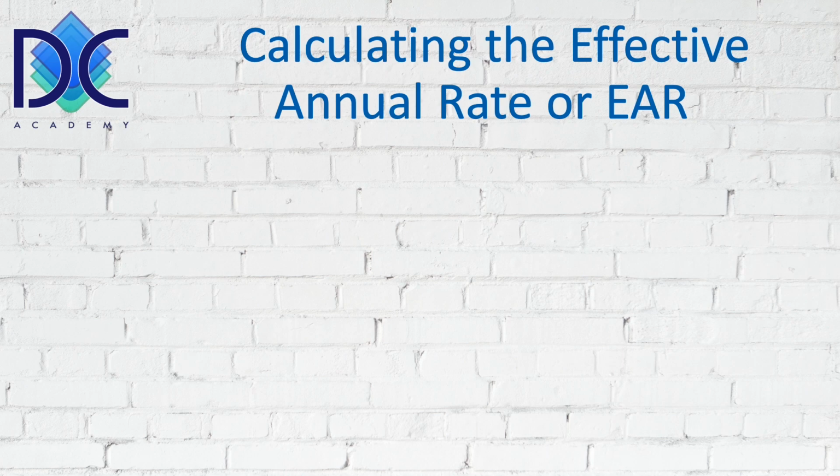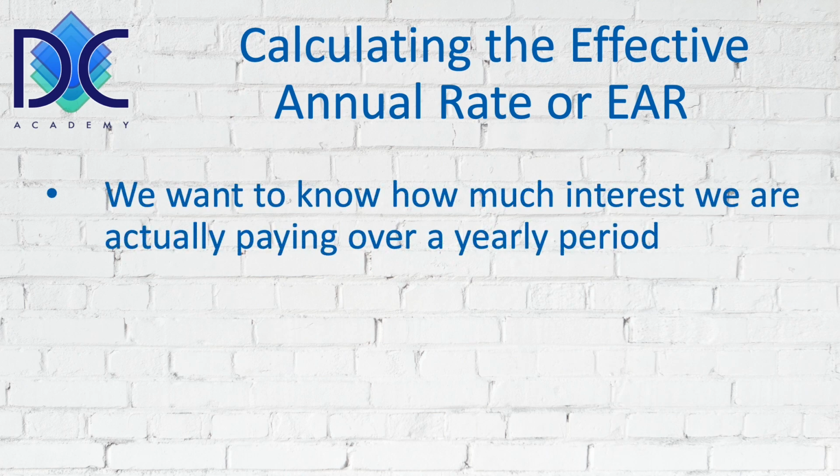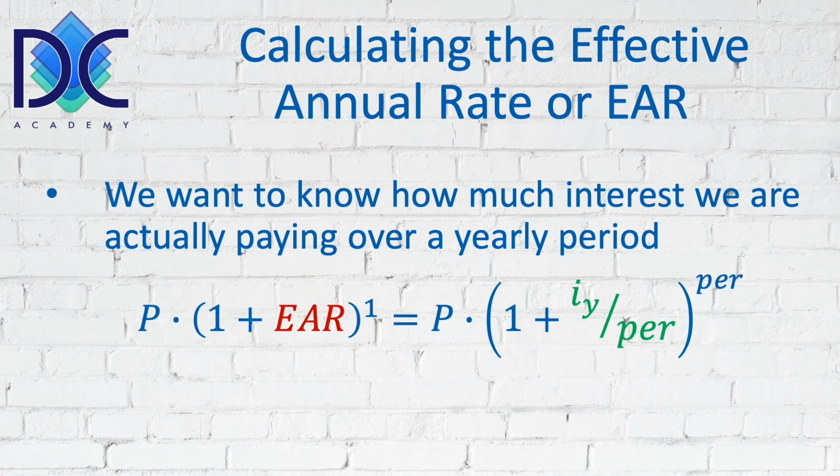And when we look at the calculation and the formulas, we first have to look at the compounding formula. Basically the principal multiplied with 1 plus the interest rate is equal to the compounded value.